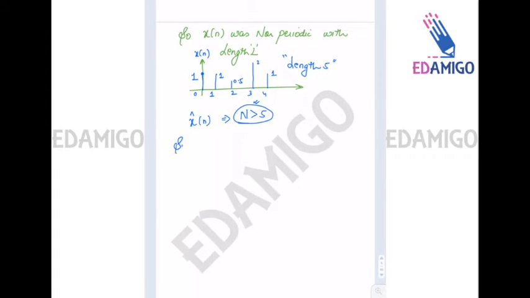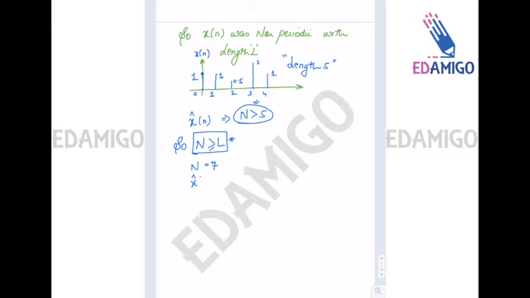So remember that N should always be greater than or equal to L, the length of the signal. Let us take N equal to 7 for example.